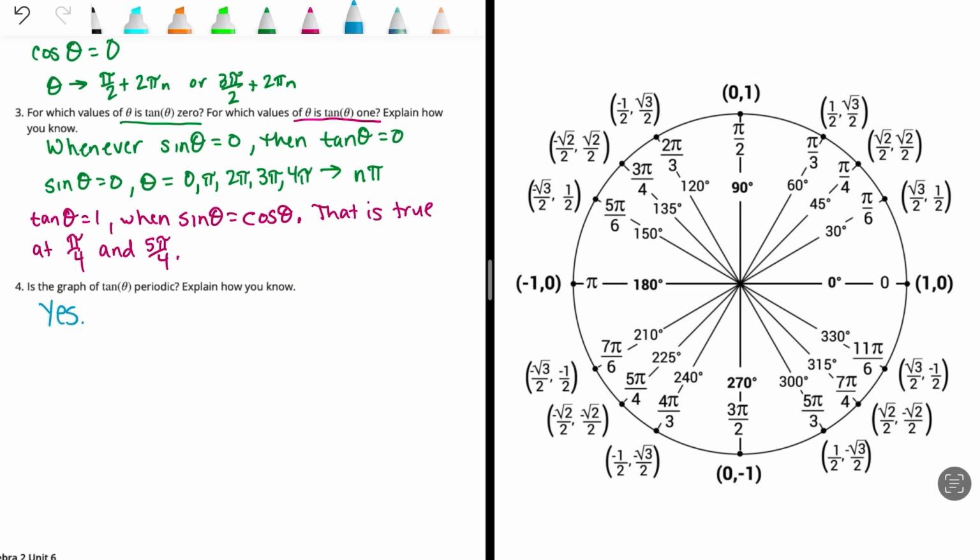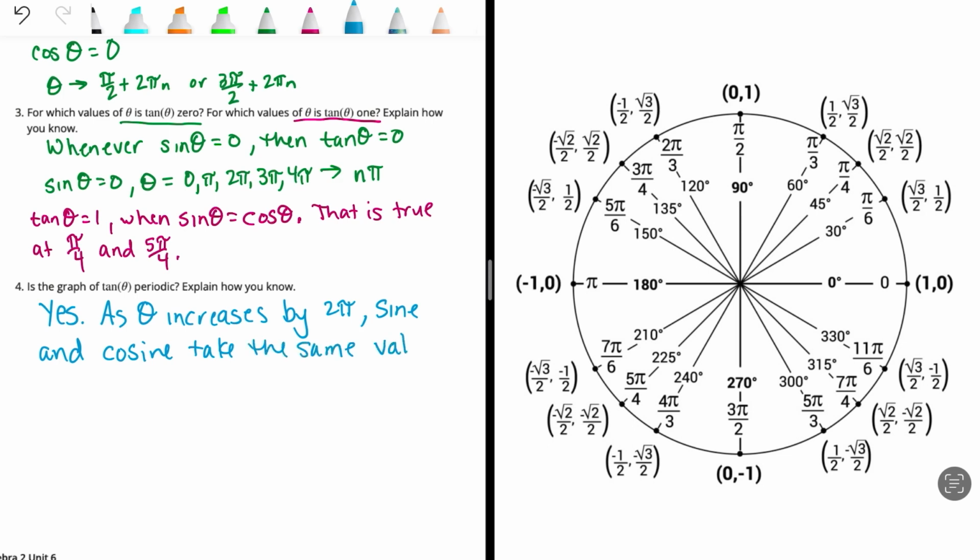So as theta increases by 2 pi, sine and cosine take the same values, and so does tangent. As you increase by 2 pi, you start repeating.